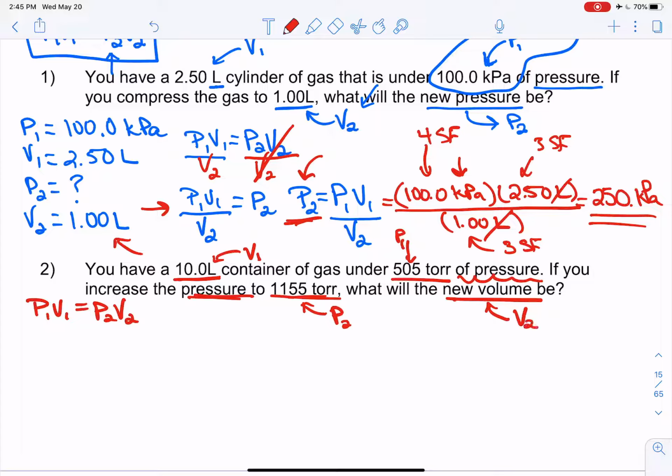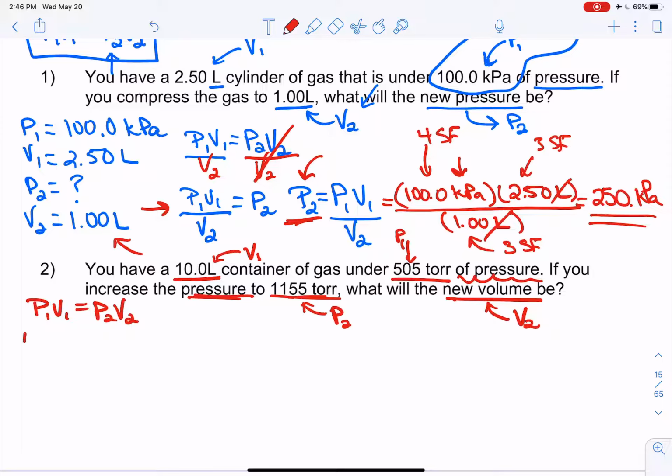It's probably V2. And also that V2 has to be the volume that corresponds with P2. And it does. It says we increase the pressure to 1155 torr. When we do that, what is the new volume? So 1155 and the new volume go together, so they're the 2's.